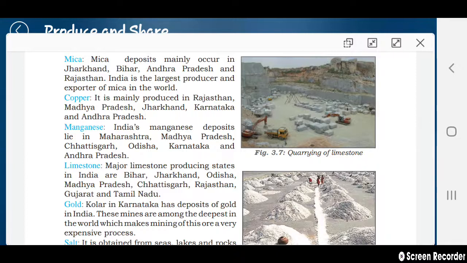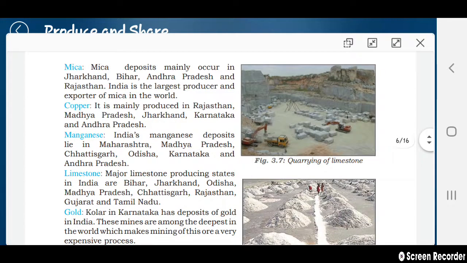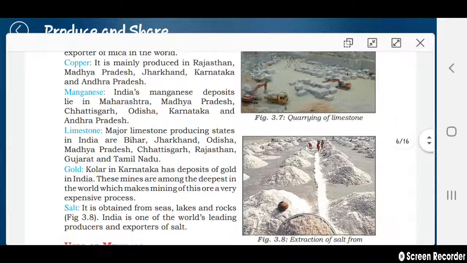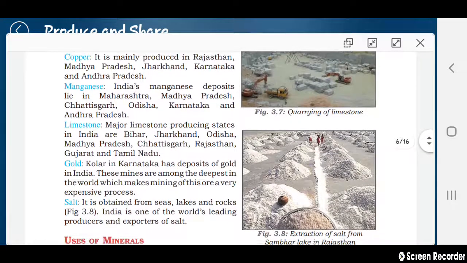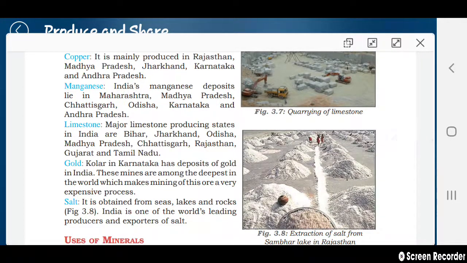Next, mica. Mica deposits can mainly be seen in Jharkhand, Bihar, Andhra Pradesh and Rajasthan, and India is also the largest producer and exporter of mica in the world. Next, copper. Copper is mainly produced in Rajasthan, Madhya Pradesh, Jharkhand, Karnataka and Andhra Pradesh.